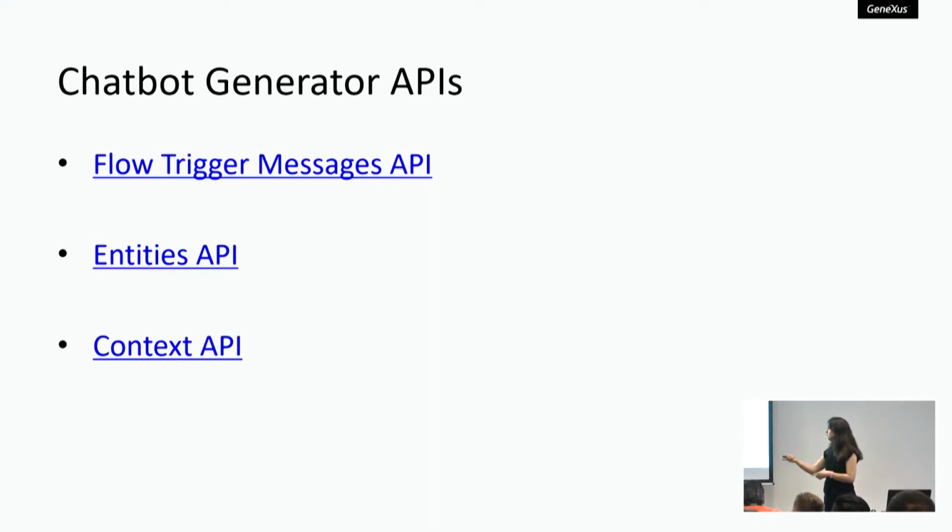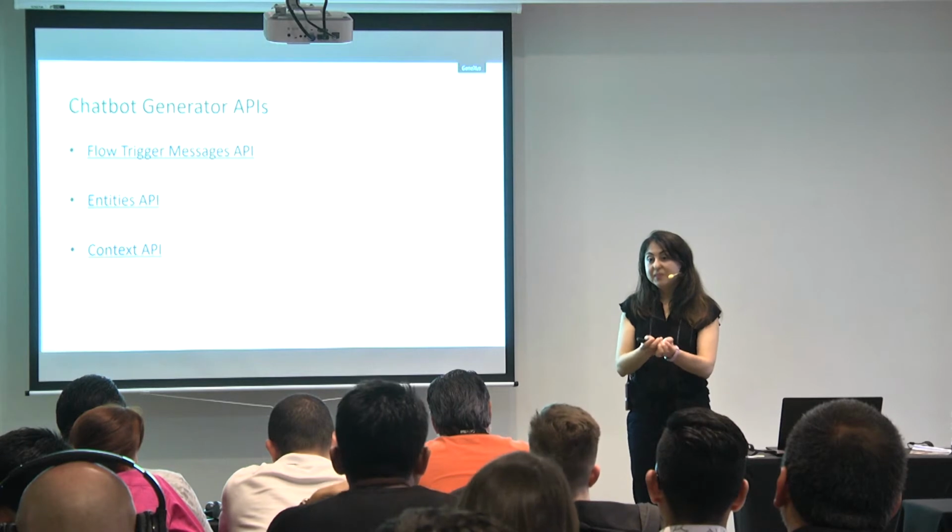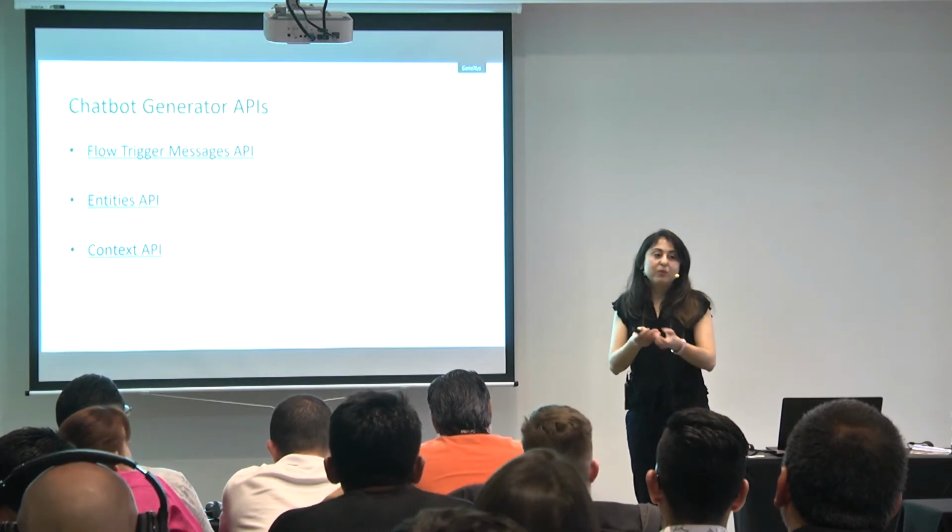I spoke about the context a minute ago. This API allows us to set the context for the user and also globally in a programmatic manner, and to recover the context, always at the level of the program. For example, a frequent case is that if the user is logged in, we are not going to ask who he is.